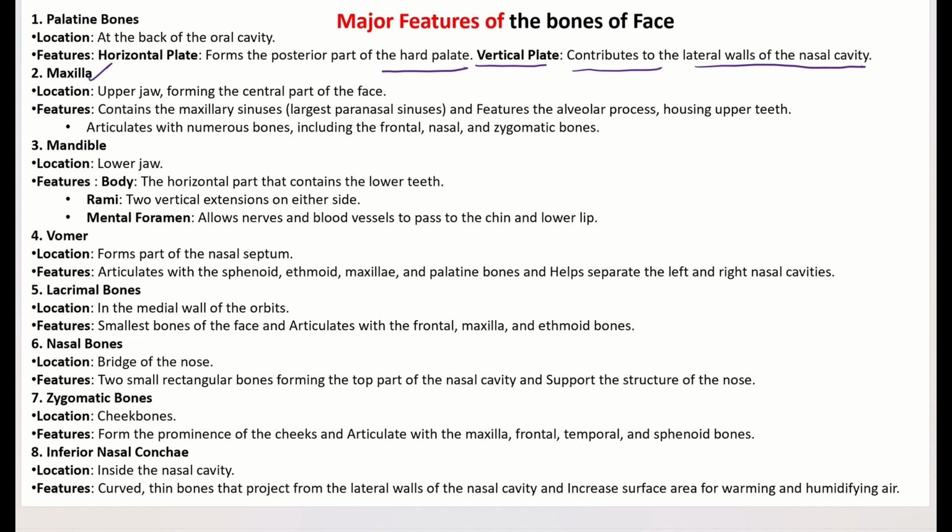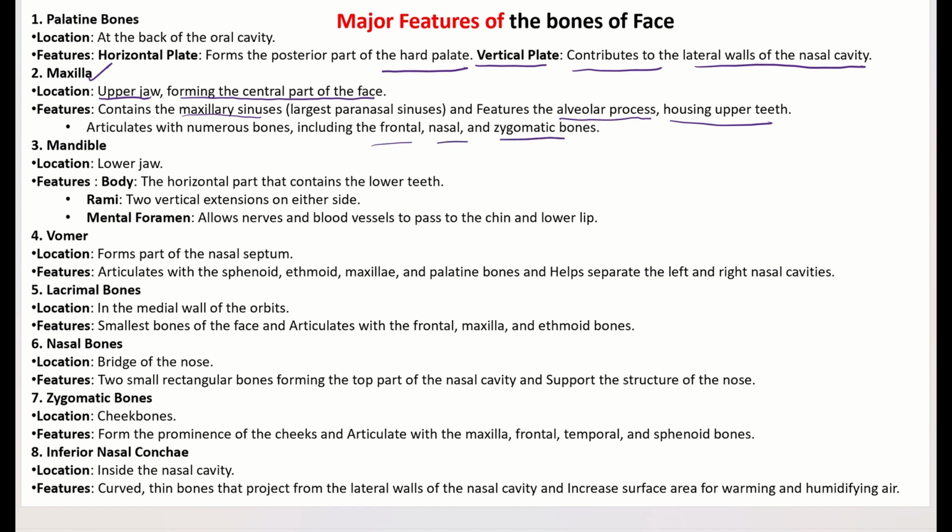The maxilla is located at the upper jaw, forming the central part of the face. It contains the maxillary sinus and features the alveolar process housing the upper teeth, and articulates with numerous bones, including the frontal, nasal, and zygomatic bones.